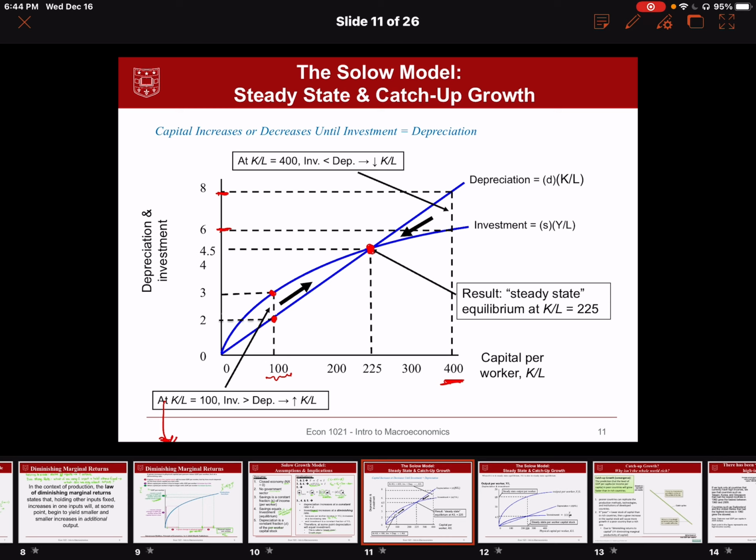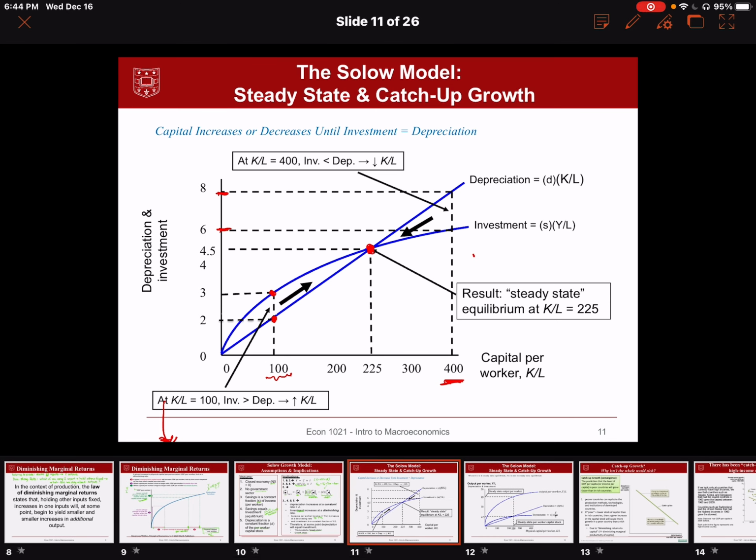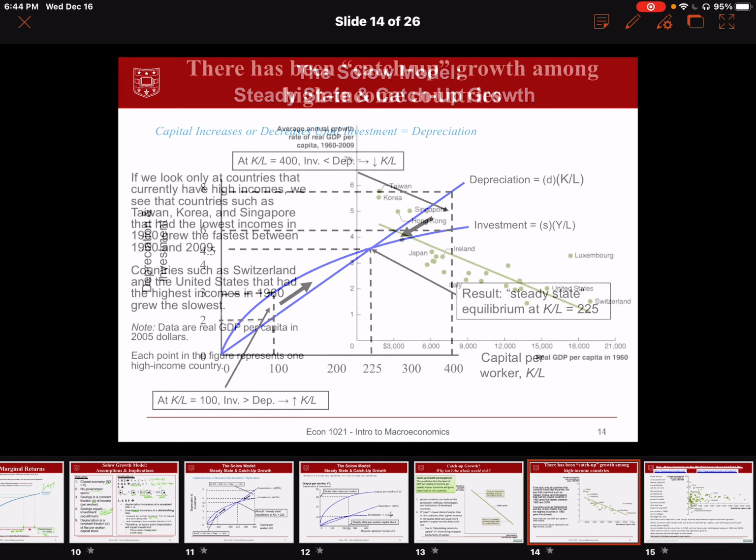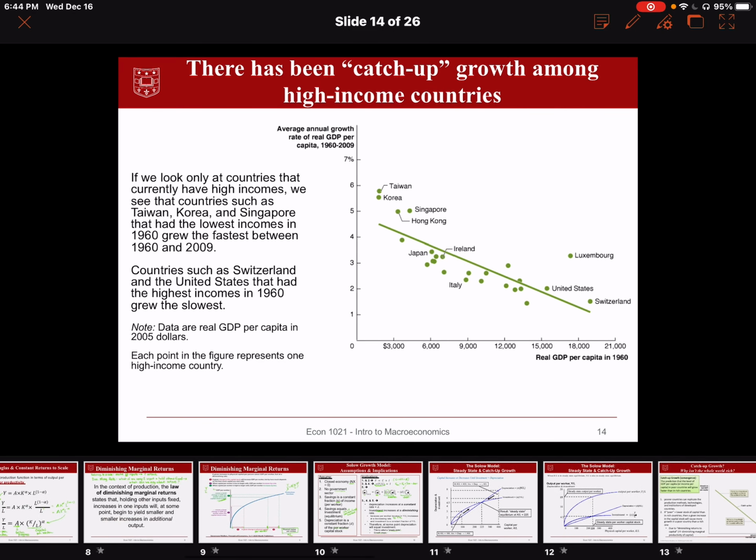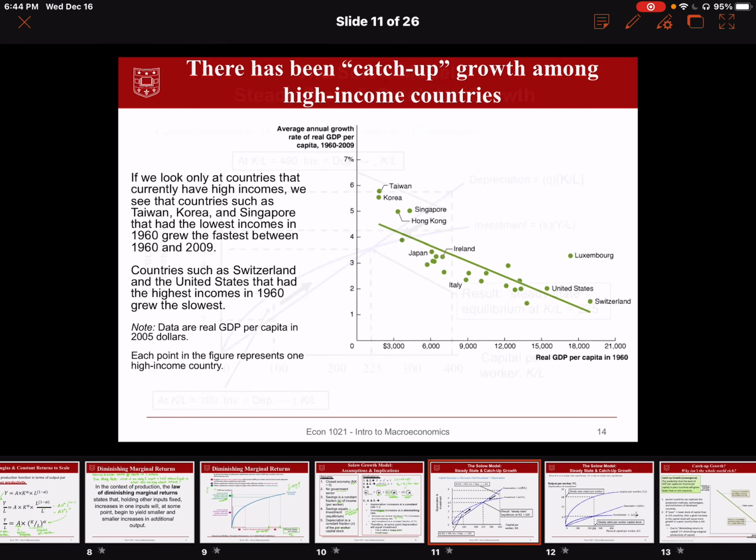And at this steady state, k over L in period t plus 1 is exactly equal to k over L, capital per worker, in period t, because investment is exactly equal to depreciation.